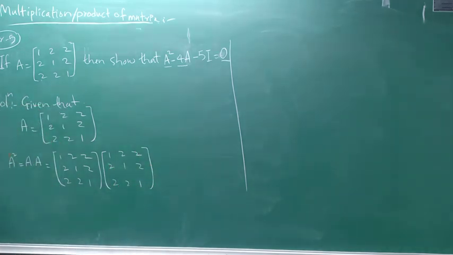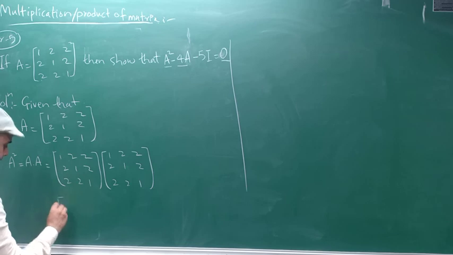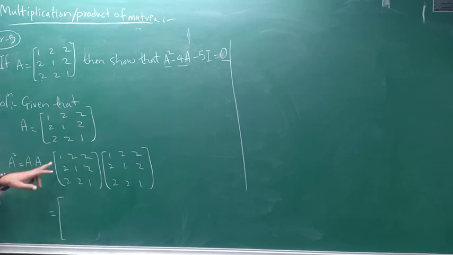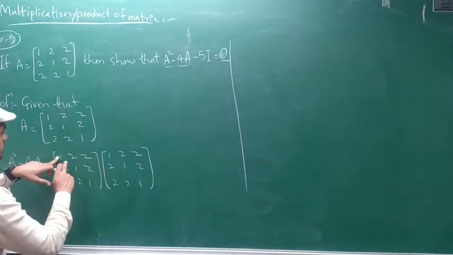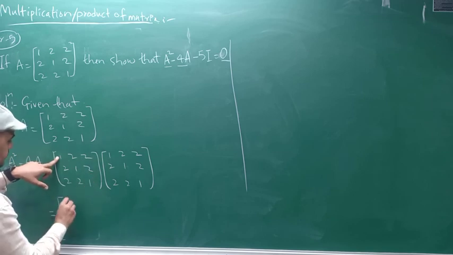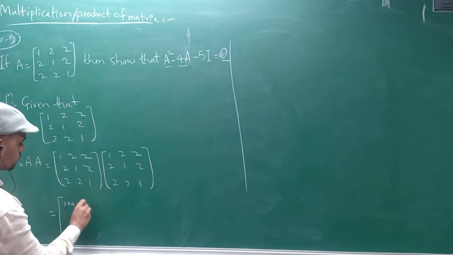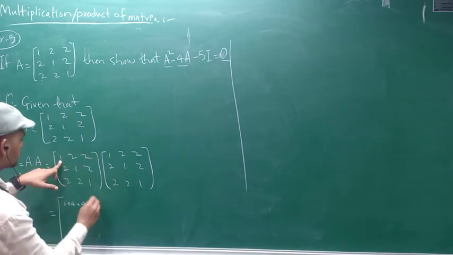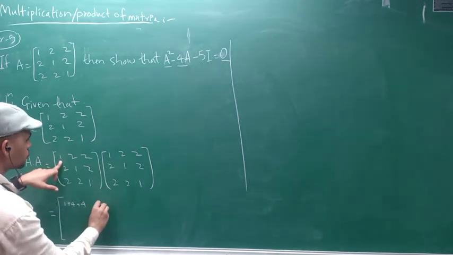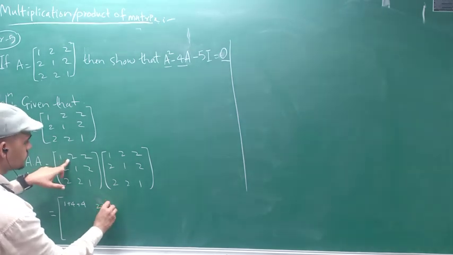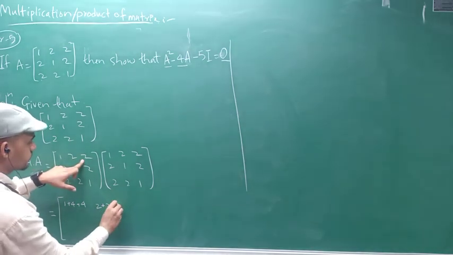Now multiply the corresponding elements and add them together. So here, first row, first column: 1 into 1 is 1, plus 2 into 2 is 4, then 2 into 2 is 4. First row, second column: 2 plus 2 plus 4.